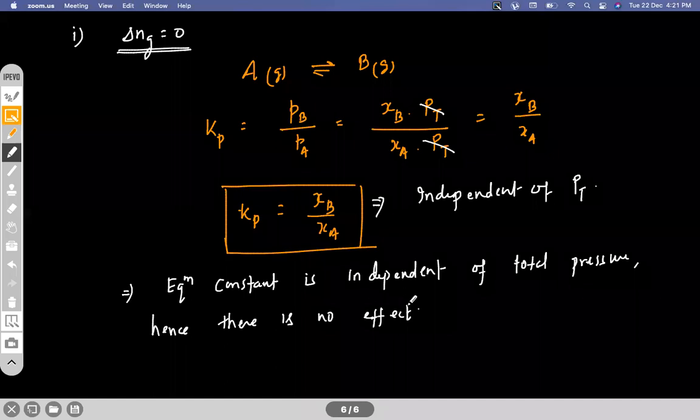No effect of pressure for those reactions whose delta N is 0, keep that in mind.